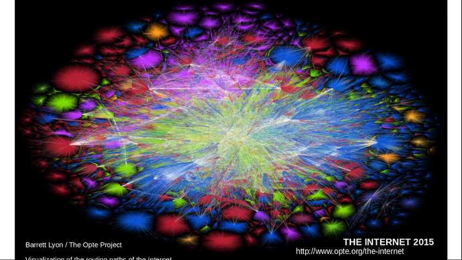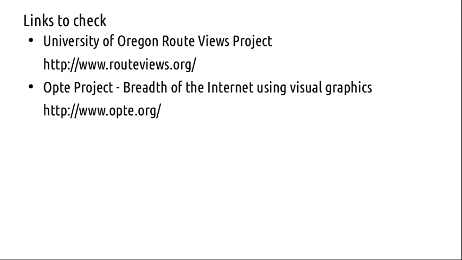This is from the Opte project in 2015. You can see for yourself how the different nodes are interconnected. The internet is growing at a very fast rate. So do give these two links a try, and I'll paste these links in the classroom so that you can check the other link as well.